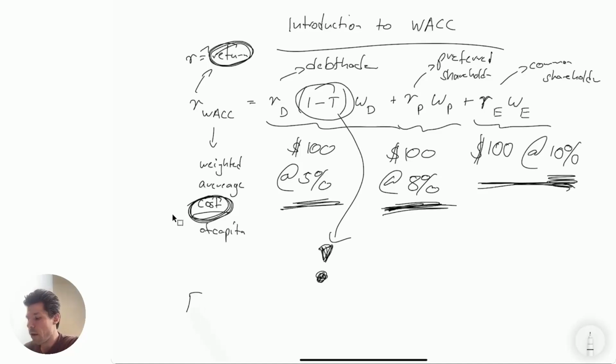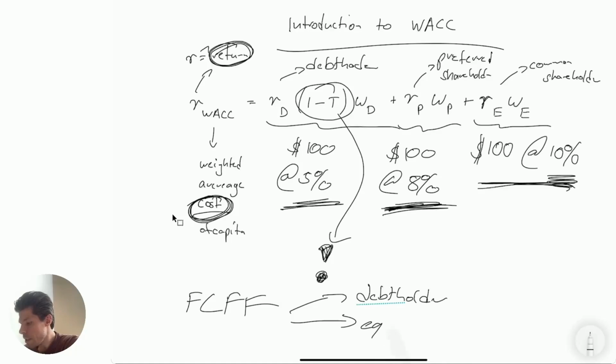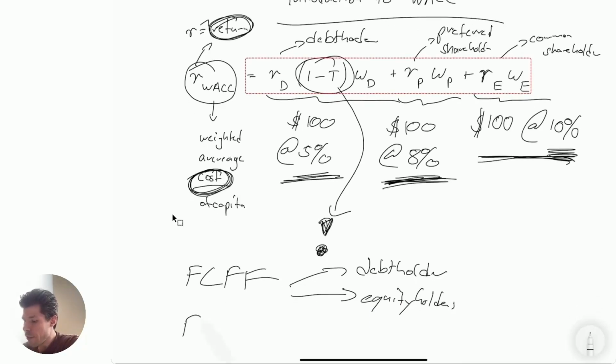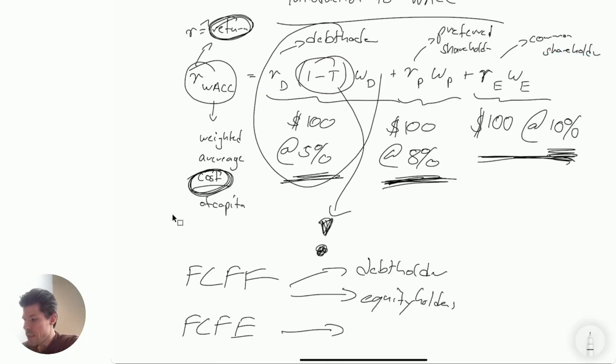Once we calculate our free cash flow to both debt holders and equity holders, we would use weighted average cost of capital as the discount rate. If we calculate free cash flow to equity holders, then we would not include this and, depending on the equity structure, we would discount at 10%.